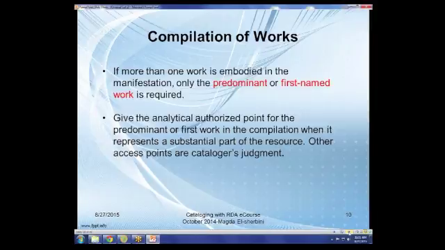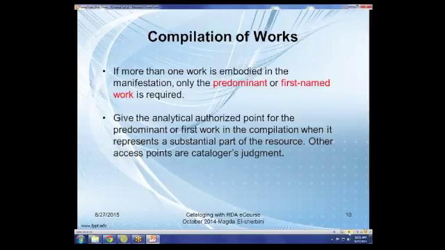Or you might also look at a compilation. Well, let's define these words. Compilation could mean more than one author is represented in a single physical item, more than one author and more than one work. A collection generally means multiple works by the same author.